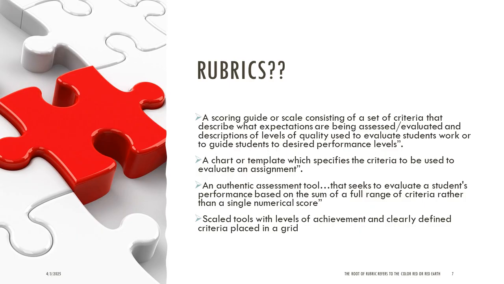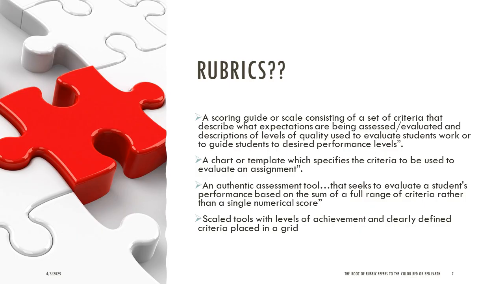Again, rubrics can be defined as a chart or a template which specifies the criteria to be used to evaluate an assignment. We can also define the rubric as an authentic assessment tool that seeks to evaluate a student's performance based on a full range of criteria rather than a single numerical score.